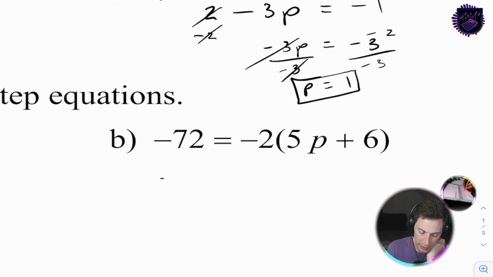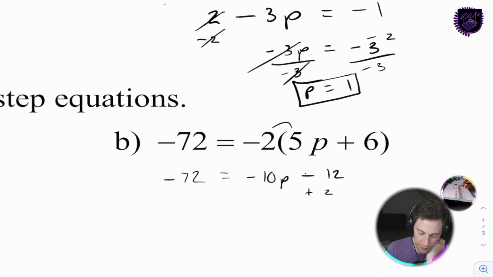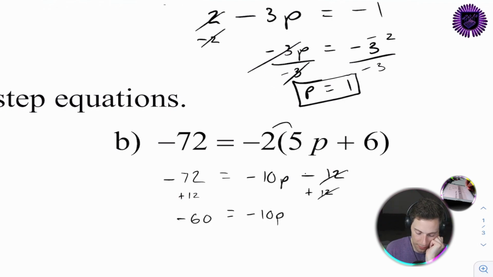Distribution. -72 is equal to -2 times 5p, negative 10p, minus 12. So let's add 12 to both sides, canceling out on this side, leaving us with negative 60 is equal to negative 10p.